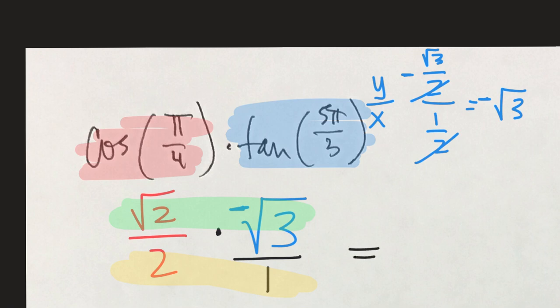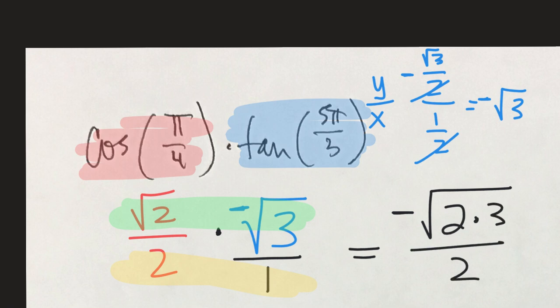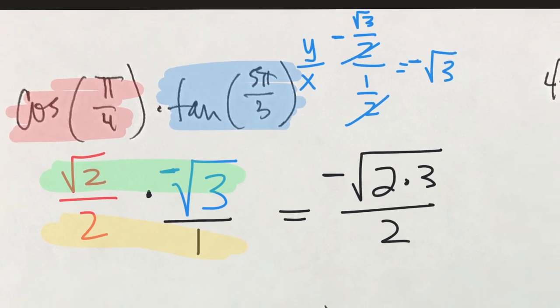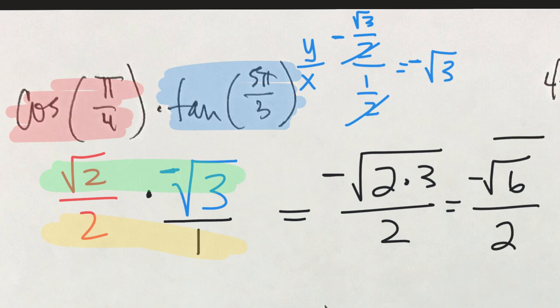So when I multiply root 2 times the negative square root of 3, the negative stays a negative, and we multiply underneath the radical. Okay, so a radical times a radical stays a radical. So 2 times 3 is 6. So this would simplify to negative root 6 divided by 2.